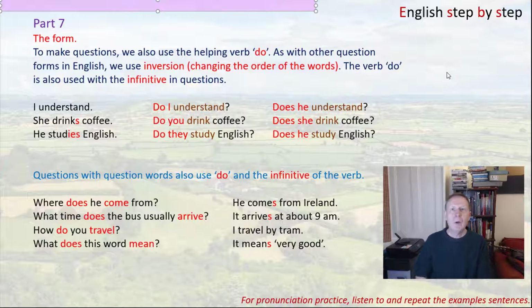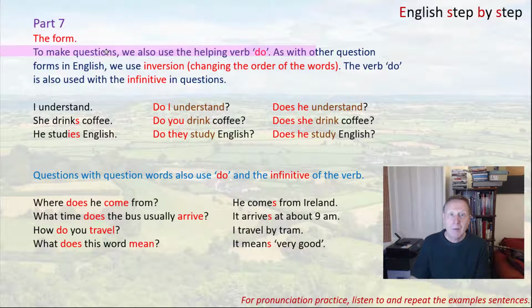So let's move on to look at more details about form. In this case, we're looking at questions. So to make the questions, we also need this helping verb do. In other tenses of English, we also have other helping verbs like did and have.